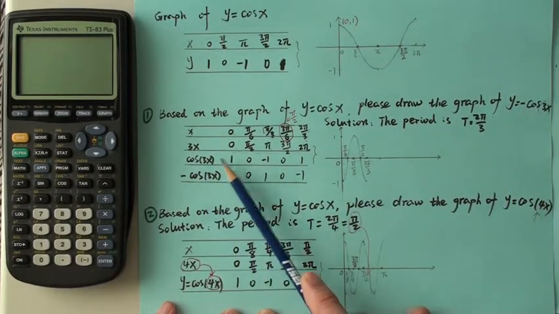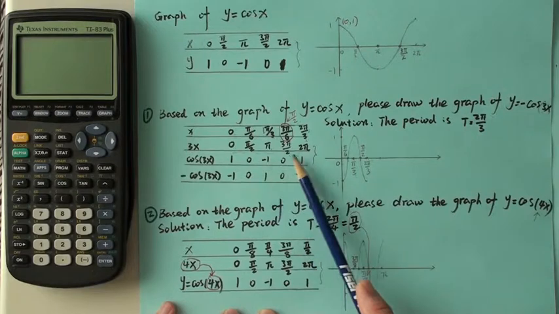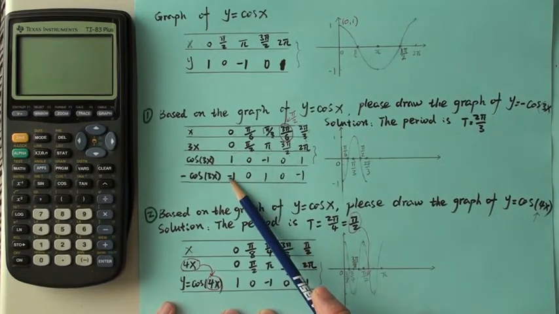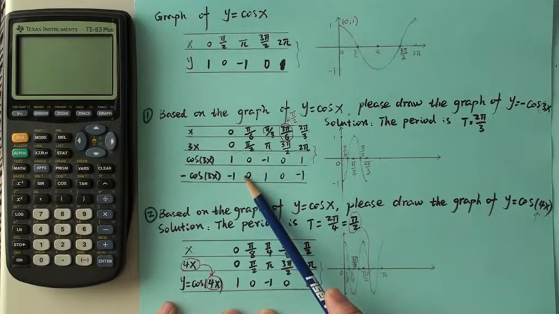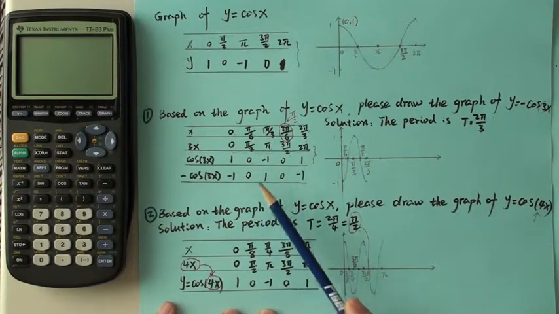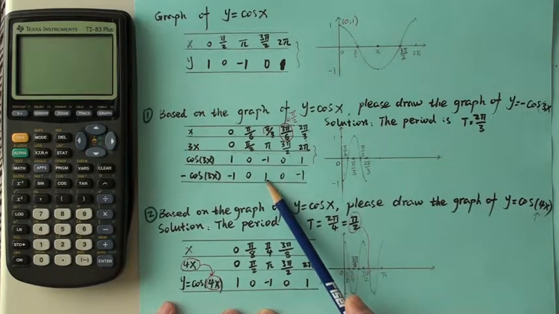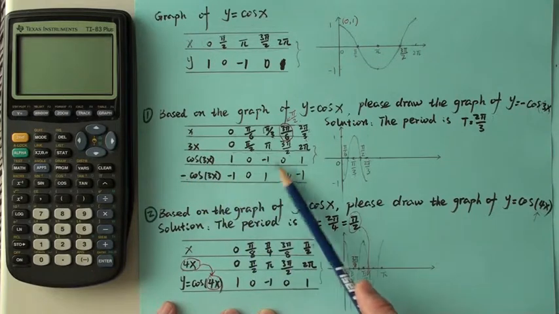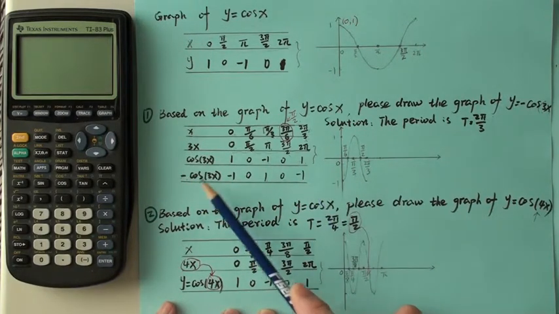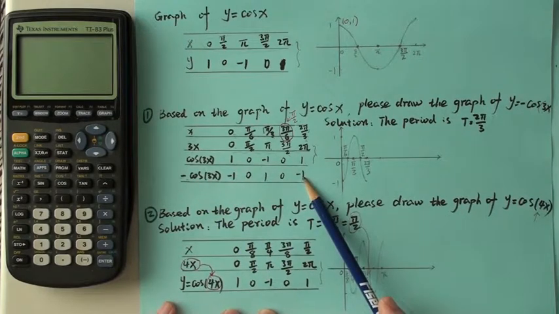So you want to use negative for each one. Here was 1, you put negative in front of it. 0, you put negative in front of it, you still get 0. Negative 1, you have a negative in front of it, it's positive 1. And 0, again, you put negative in front of it, it's still 0. And 1 you put negative in front of it is negative 1.